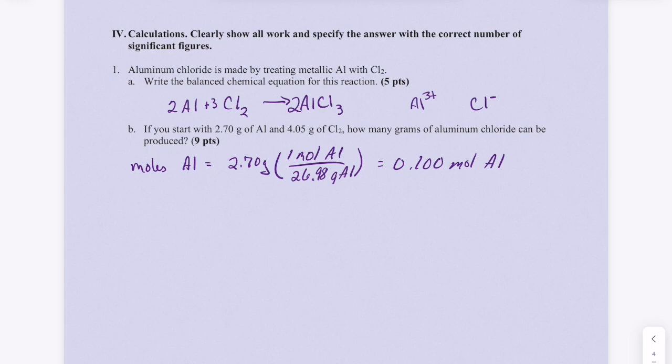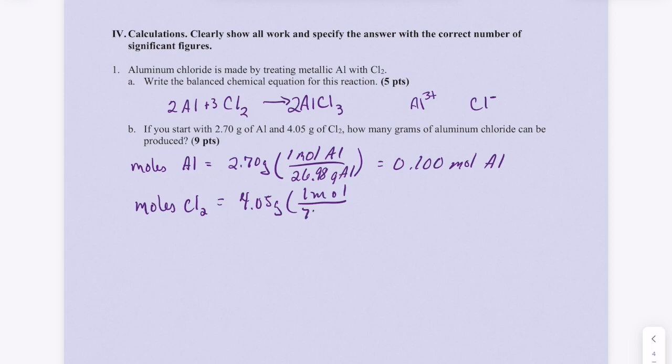We do the same thing with chlorine. We have 4.05 grams of chlorine. And the molar mass of chlorine, diatomic chlorine, is 70.90.